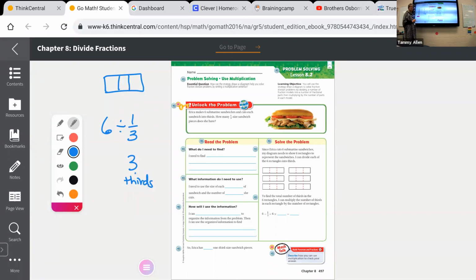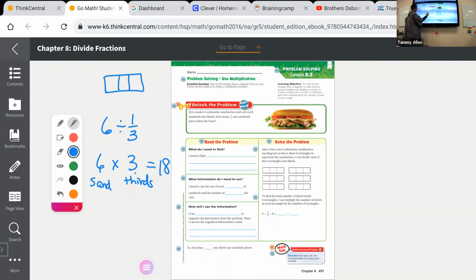How many sandwiches does she have? 6 sandwiches times 3 thirds, right? Yes? So how many total thirds does she have?